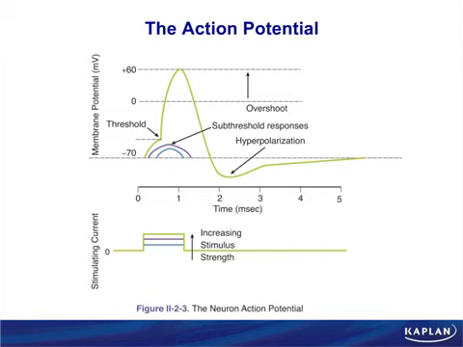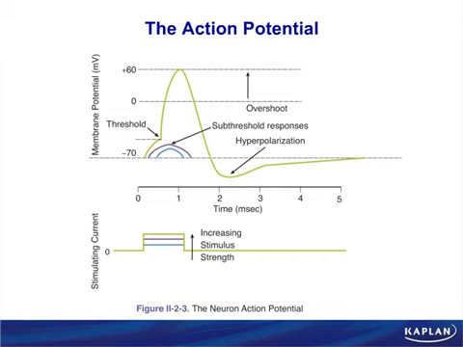Here represents our magical level called threshold. If I get a depolarization to this point, notice we start at -70 and this threshold is, let's just make up a number, say it's -55. So if I get this cell to -55, it's going to fire an action potential. So that's the threshold.